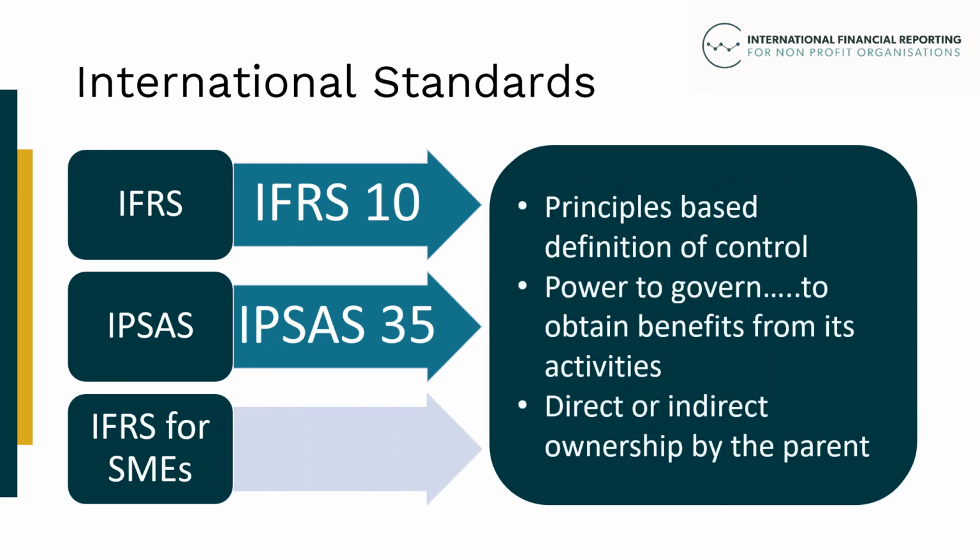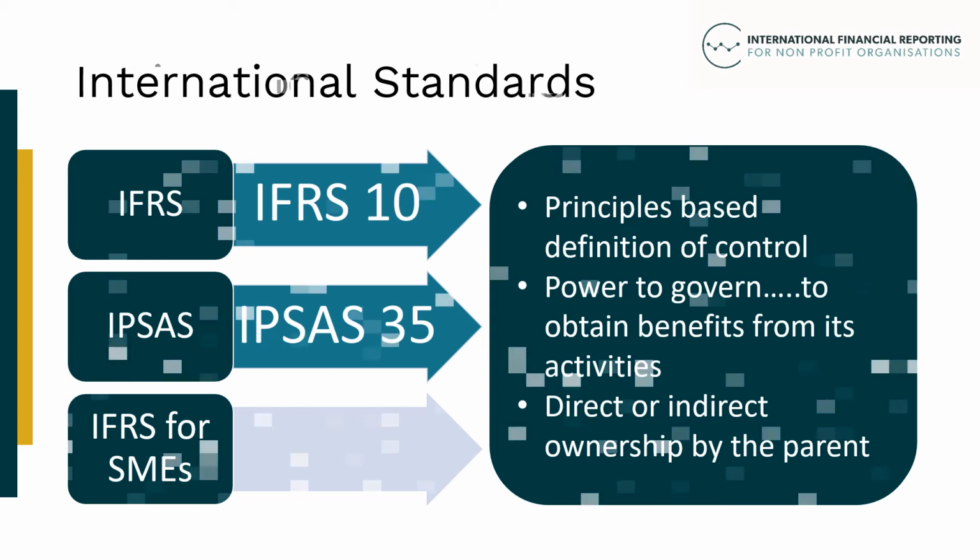IFRS for SMEs also provides guidance on control. Control is defined as the power to govern the financial and operating policies of an entity to obtain benefits from its activities. Its definition is more pragmatic.